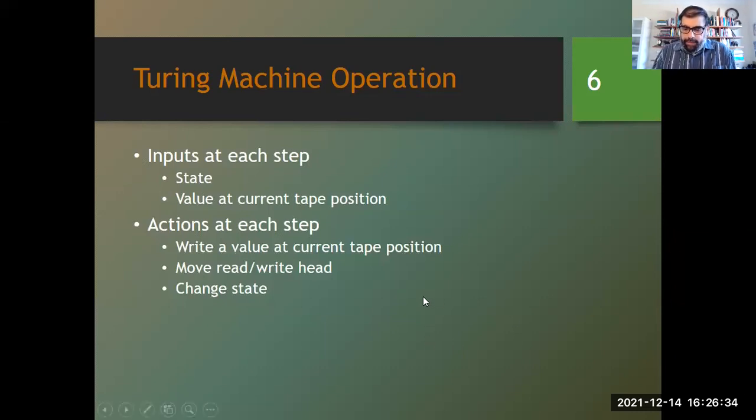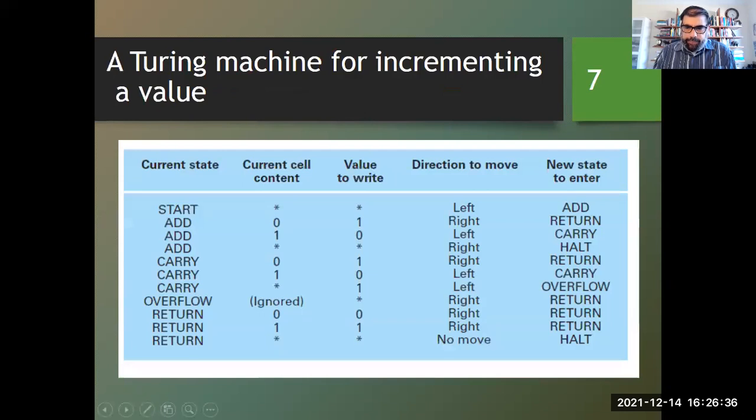And let's go to the next slide. Okay, so this next slide is a simple example of how a Turing machine can be used for adding 1 to the input value. So whatever the input value, these operations will add 1 to that input value.